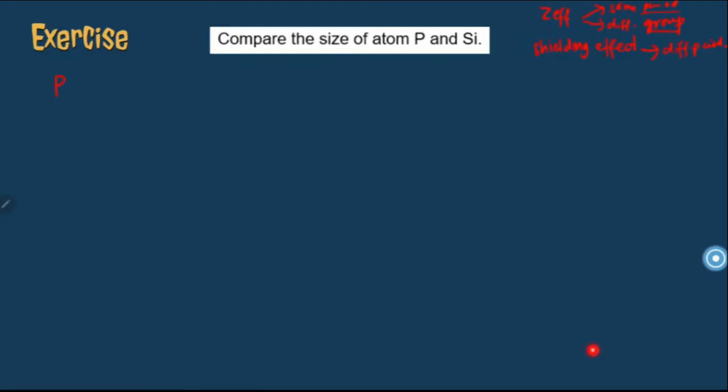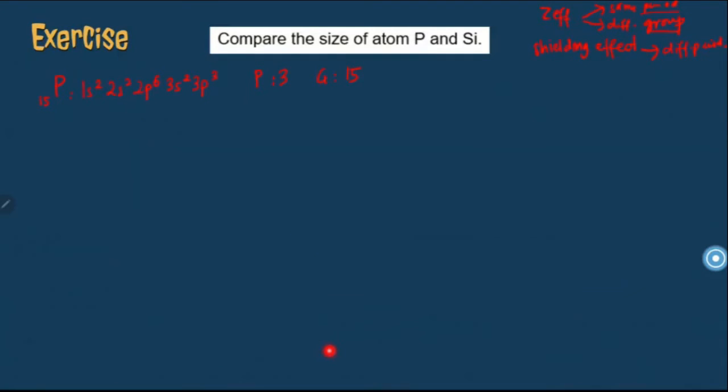Okay, so phosphorus. Phosphorus has 15 protons, which means it has 15 electrons. So the electronic configuration is 1s2, 2s2, 2p6, 3s2, 3p3. So the period for phosphorus is 3. The group for phosphorus is 15. Correct?